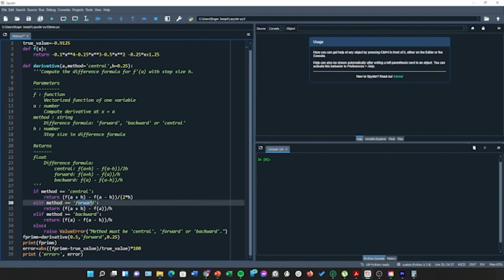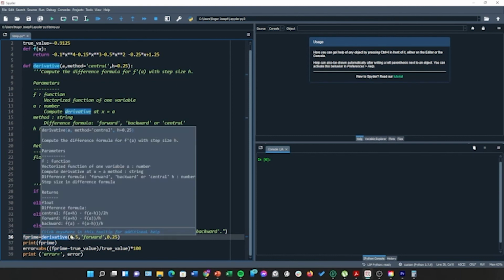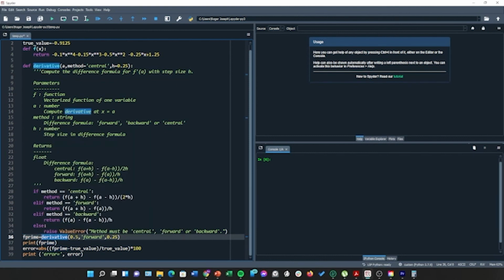For forward difference, we have f of a plus h minus f of a, divided by h. And for our backward difference, we have f of a minus f of a minus h, divided by h. So our result is equal to the derivative at x equal to 0.5, and the method I'll be using is forward, and our h is 0.25.